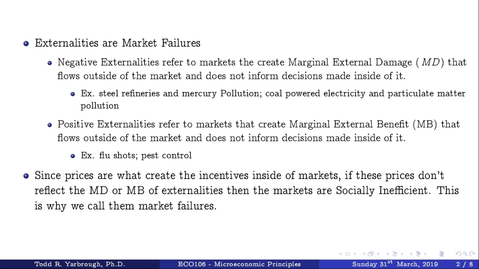The whole point here is that externalities get in the way of our efficient price setting process inside of markets. We've learned previously that our expectation is that markets will set what we call efficient competitive prices, and that this will be what creates the highest efficiency relative to, say, the government deciding how much should be purchased and how much should be consumed, or the government price controlling. If we allow markets to equilibrate on their own, this theoretically is supposed to create the most preferred outcome.